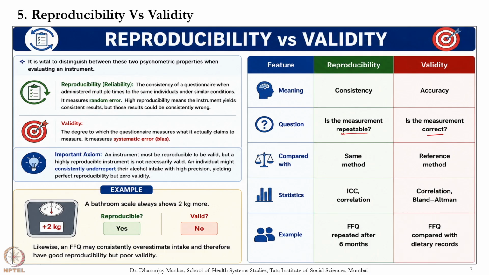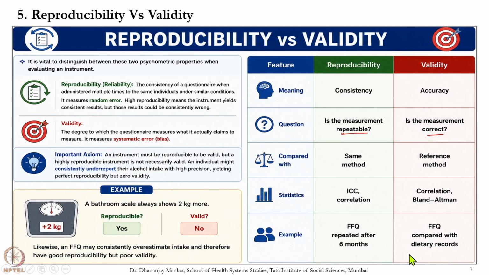In reproducibility, the comparison is of the same method, whereas in validity, you compare against a reference method and try to correlate with it. In statistics, ICC and correlation give you reproducibility, whereas for validity you use correlation and Bland-Altman. An example: for reproducibility, the FFQ is repeated after every 6 months, and for validity the FFQ is compared with a dietary record.